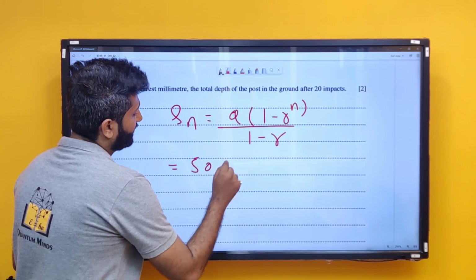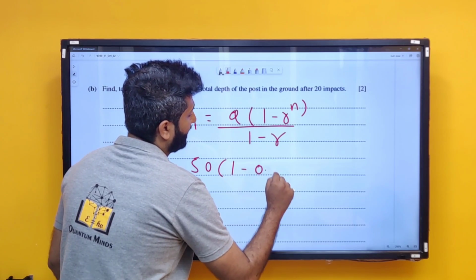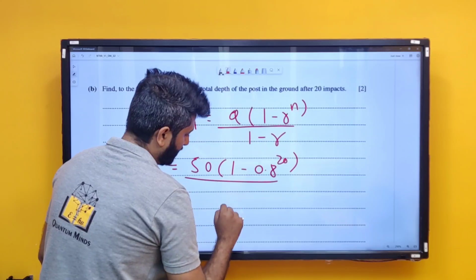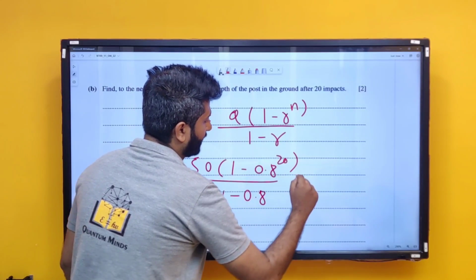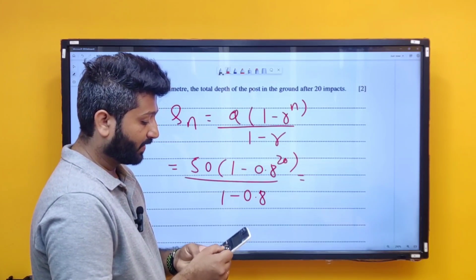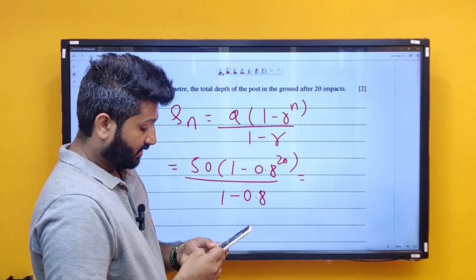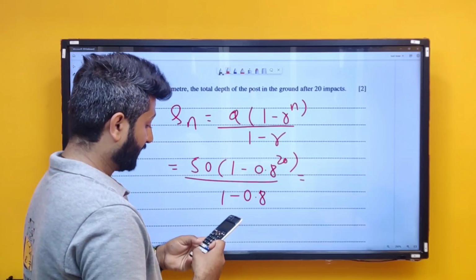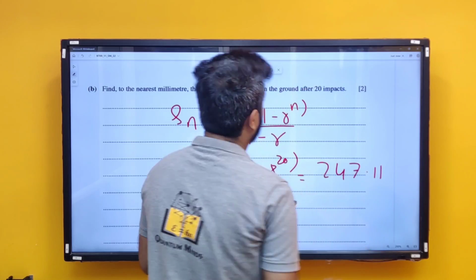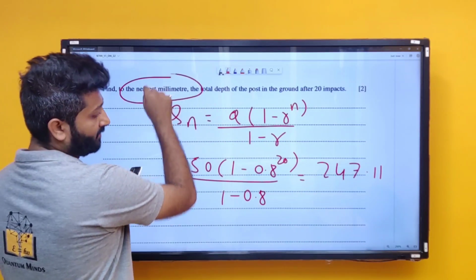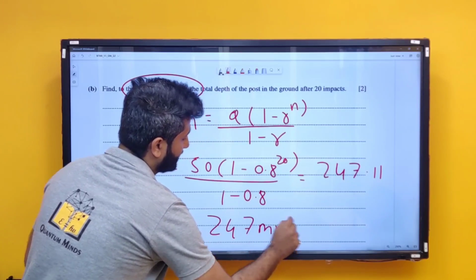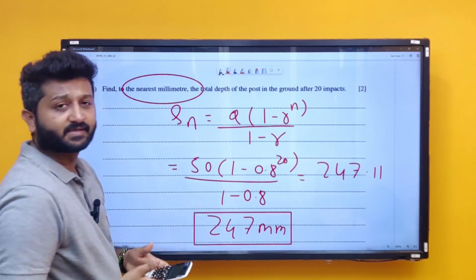So 50 into 1 minus 0.8 power 20 upon 1 minus 0.8. So the answer is 247.11. But to the nearest mm, this is going to be 247 mm. This is, guys, my final answer, right?